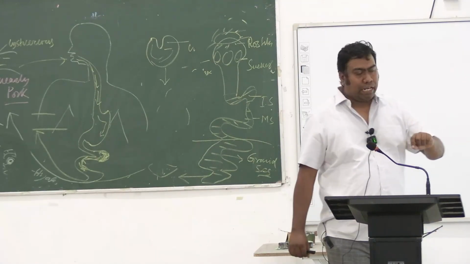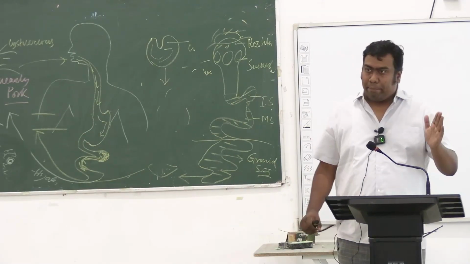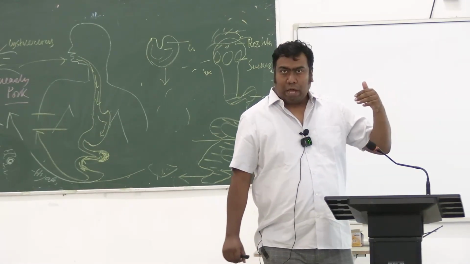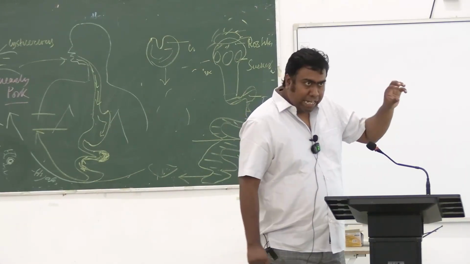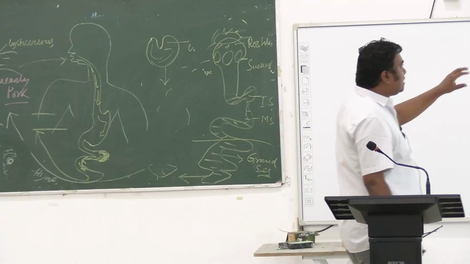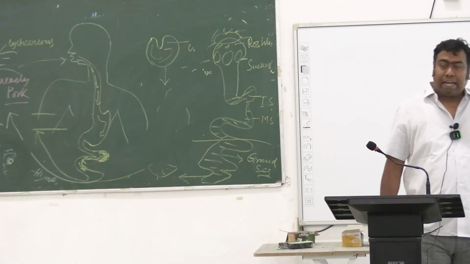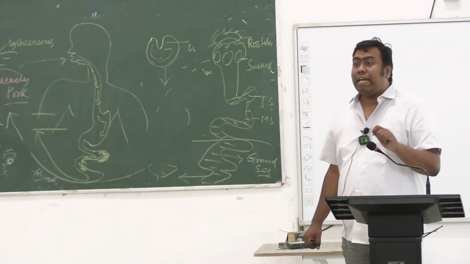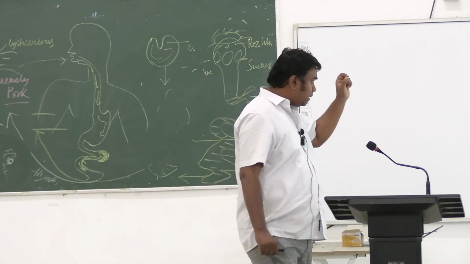Cell wall inhibitor. Next one is cell membrane leakage. So action on cell wall is beta-lactam, vancomycin. Polypeptide and polyene are acting on the cell membrane, not the cell wall. Clear?